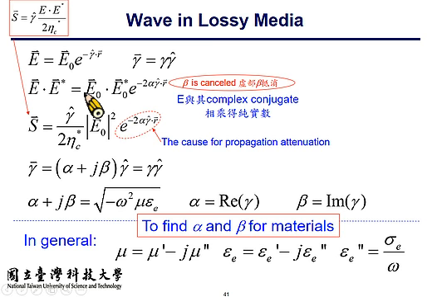So you substitute an E-field representation with propagation constant gamma. You end up with the exponential minus 2 times alpha, the attenuation constant. Okay, so as you can see, the further the wave propagates, the smaller the amplitude of this becomes.